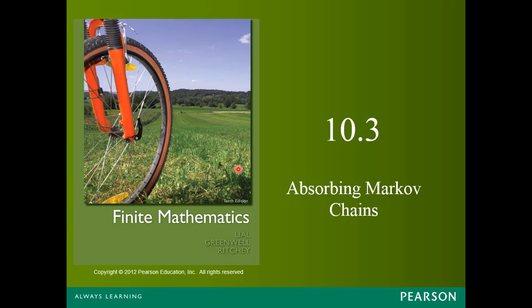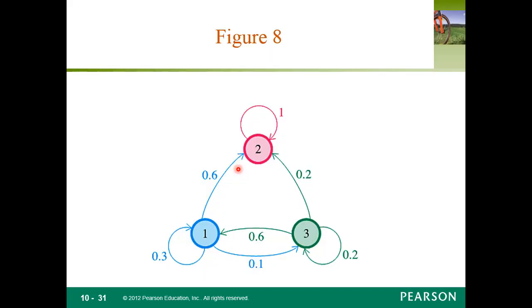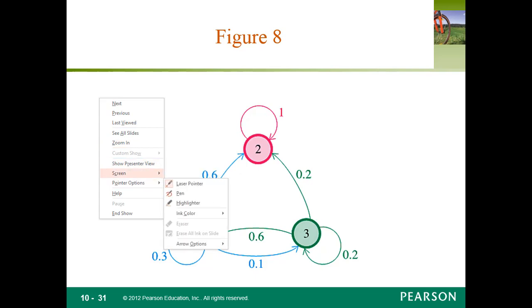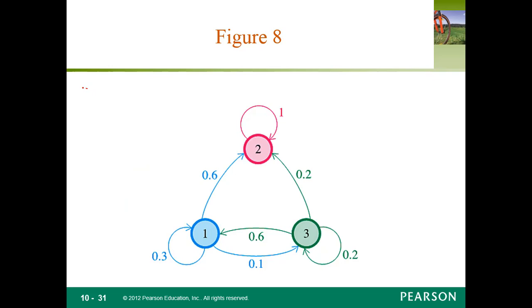Before we go on, let's look at a couple of things in this matrix. We have a P matrix, and in this case our transition matrix looks something like this.